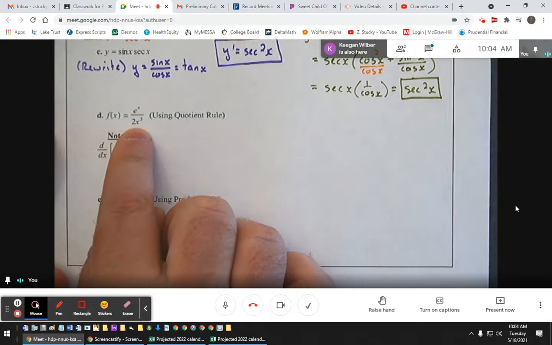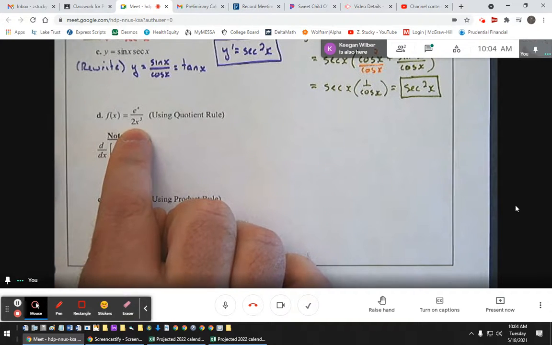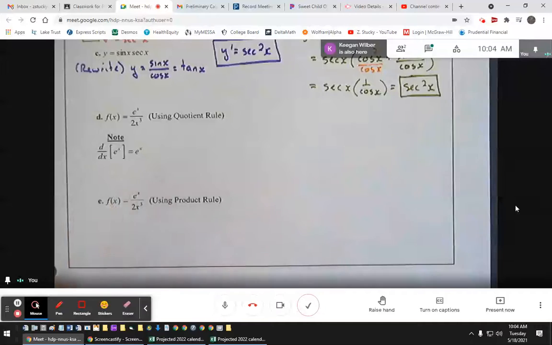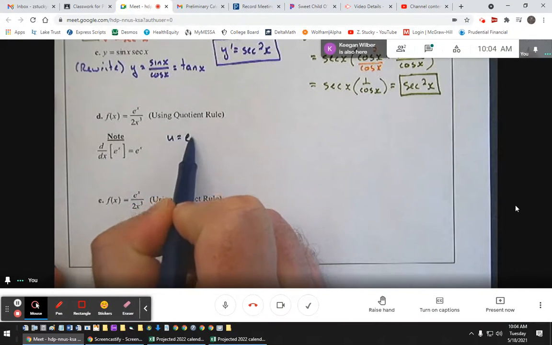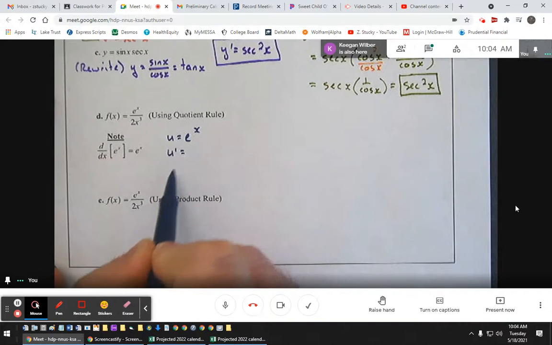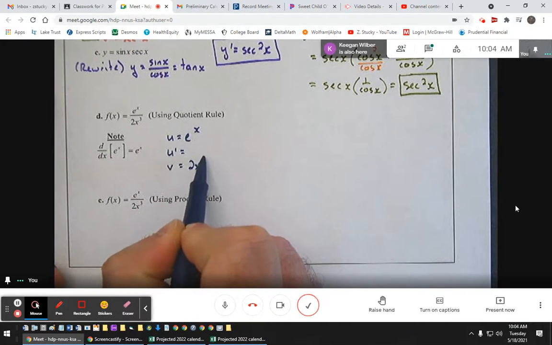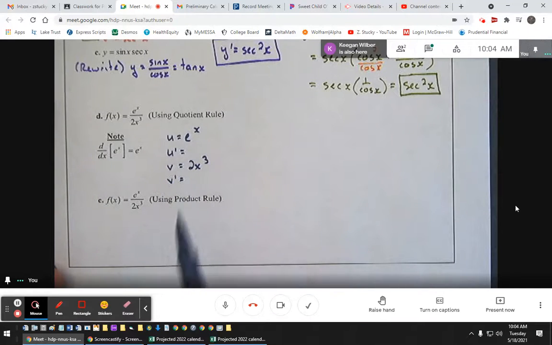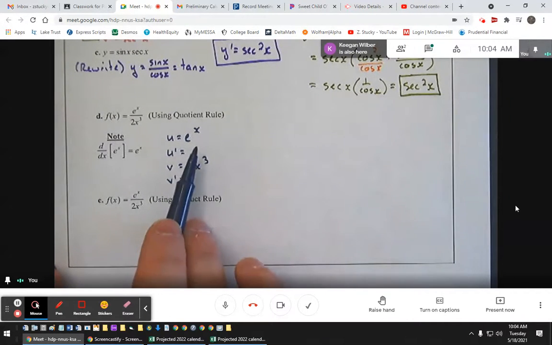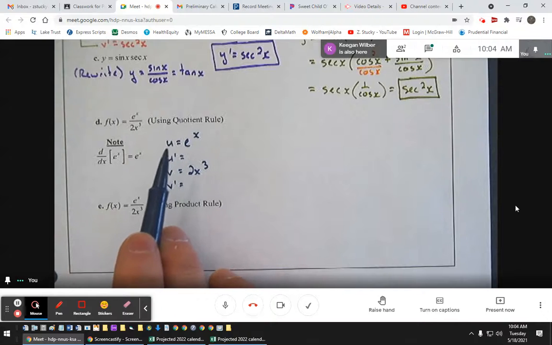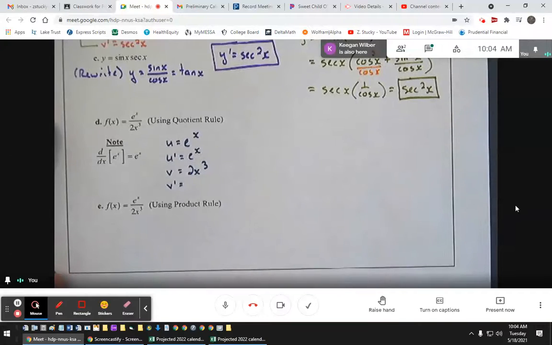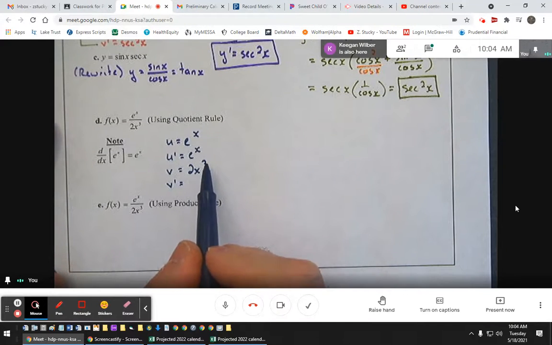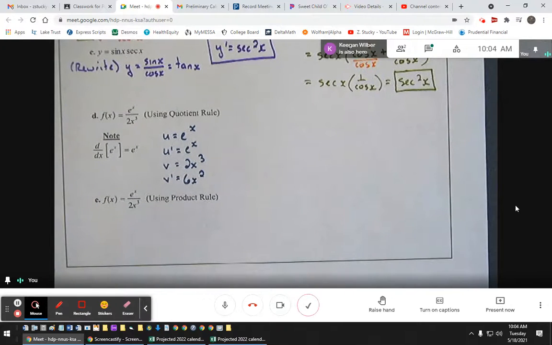What type of rule would you apply overall? I know it says the rule, but which one would you look at and see? Quotient rule. So I'm going to use my u's and v's. All right. What's the derivative of e to the x? e to the x, my very favorite derivative. No derivative is easier. What's the derivative of 2x to the third? 6x squared. Now I'm going to apply my u prime v plus u v prime.